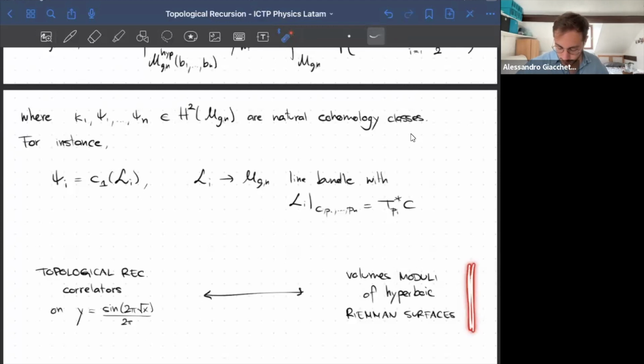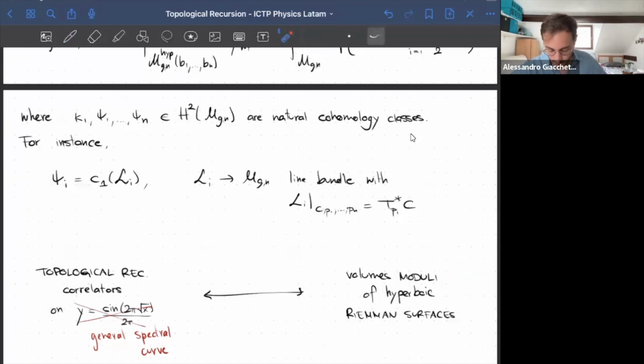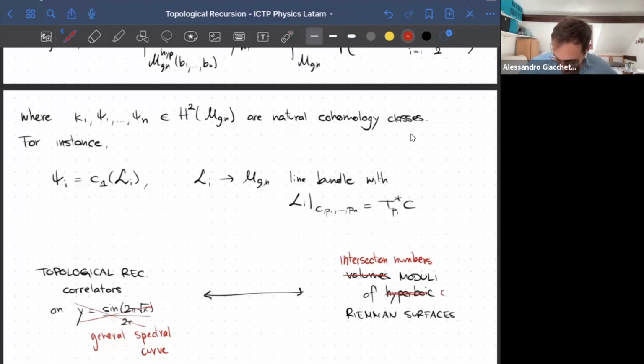In the JT setting, we have this correspondence, and the idea now is that if you want to develop this kind of correspondence not for the specific case of JT, so when you replace this by something like a general spectral curve, the correct thing that will replace this right-hand side is not just volumes of moduli of hyperbolic Riemann surfaces, but something like intersection numbers on the moduli space, not parameterizing hyperbolic Riemann surfaces, but let's say complex structures.